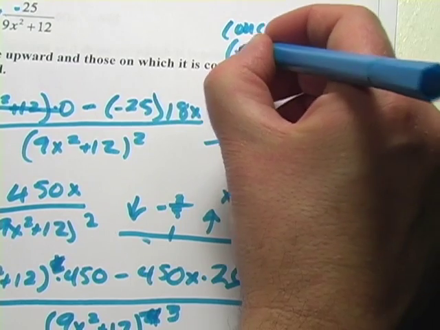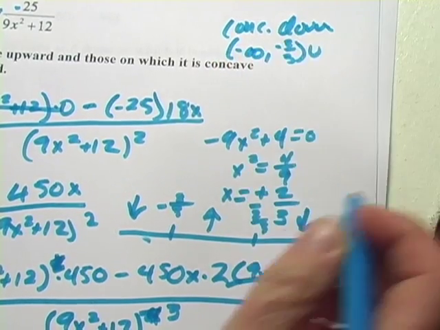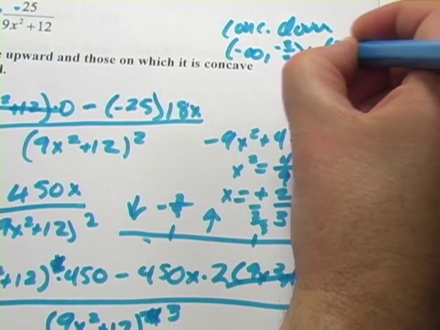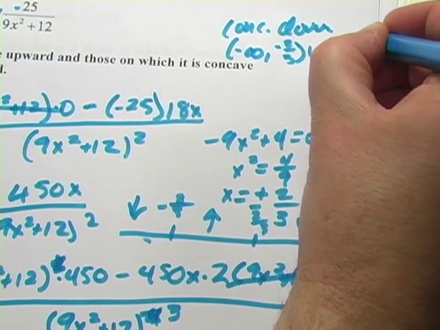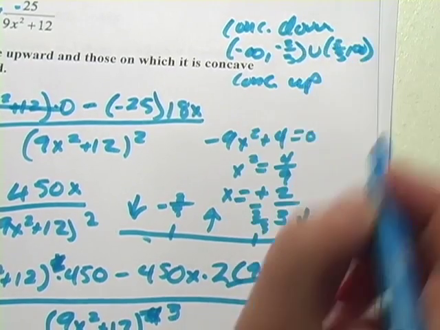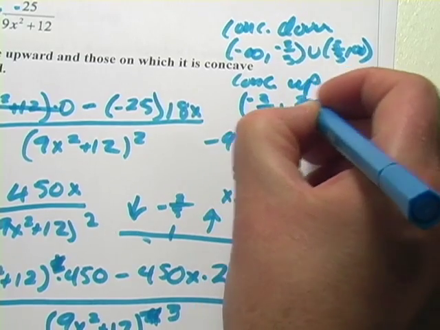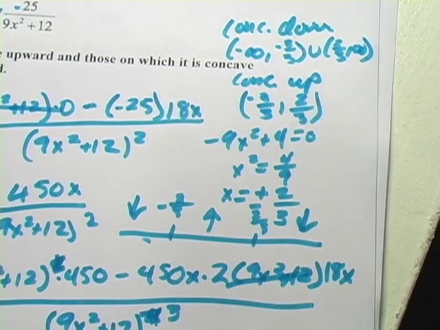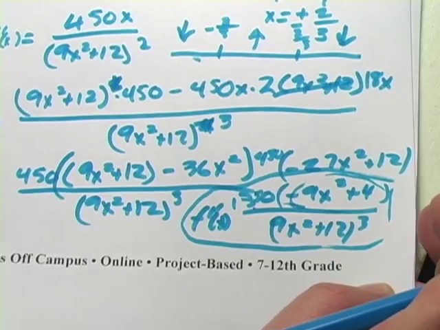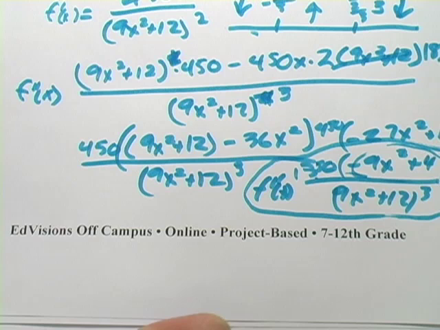And it's concave up on the interval negative 2/3 to 2/3. So that was some work with using the second derivative to find the intervals of concavity.